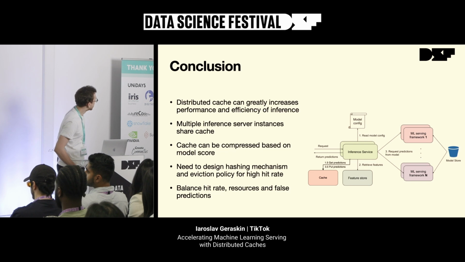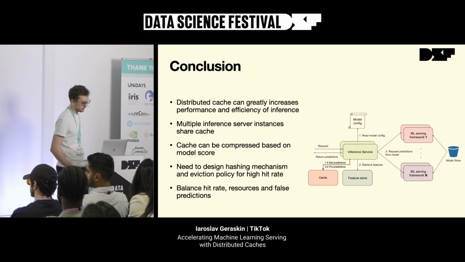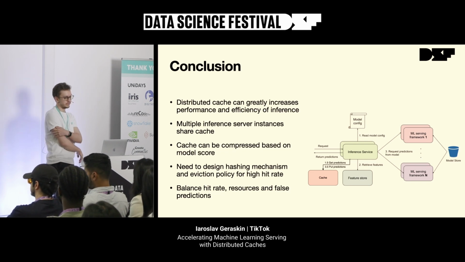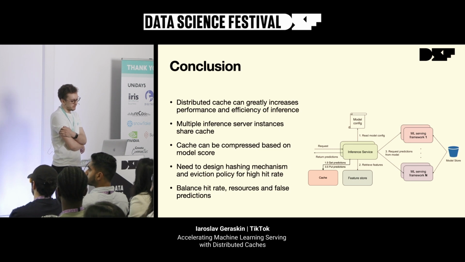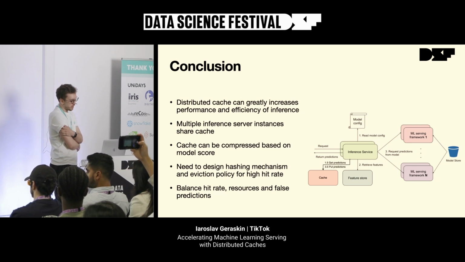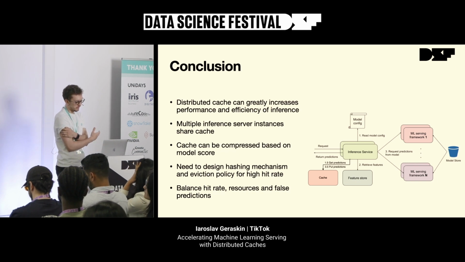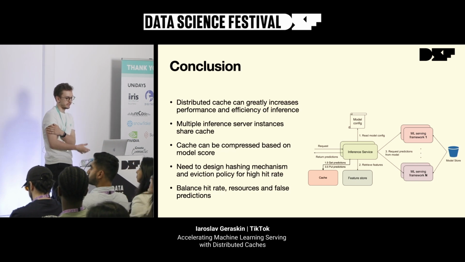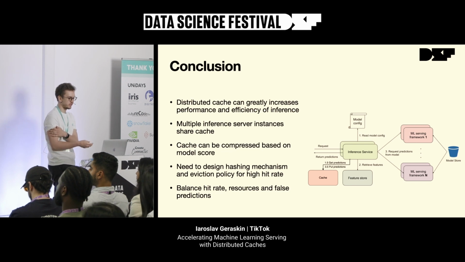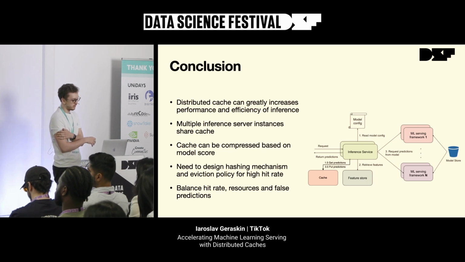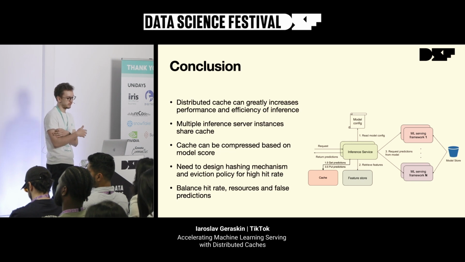We discussed today how caches can increase performance and efficiency for machine learning serving. We discussed how multiple inference servers can share the same cache, and they can share the same cache between multiple models to build a hierarchy of events and hierarchy of risk.